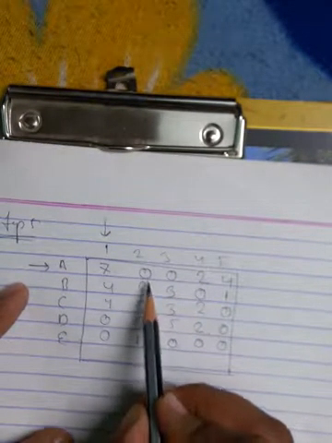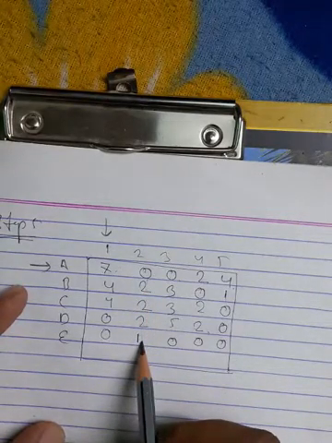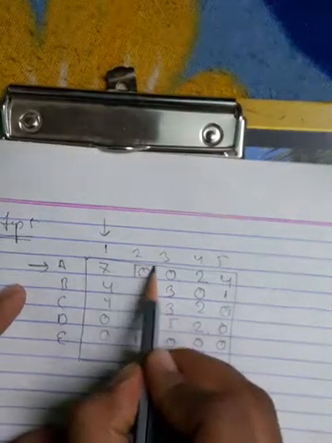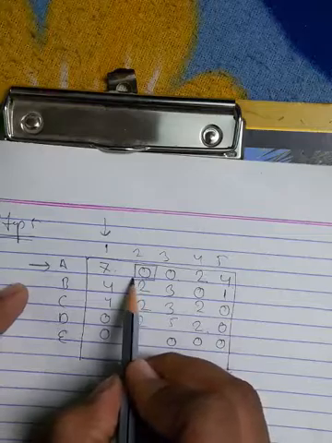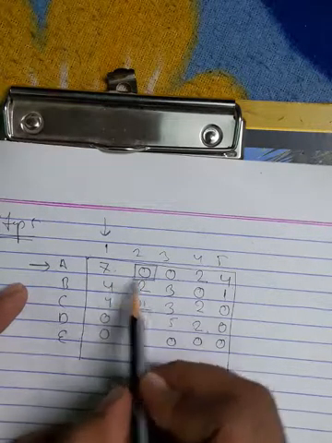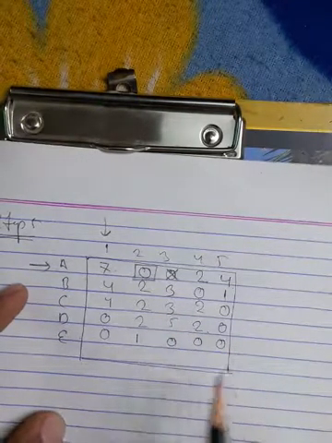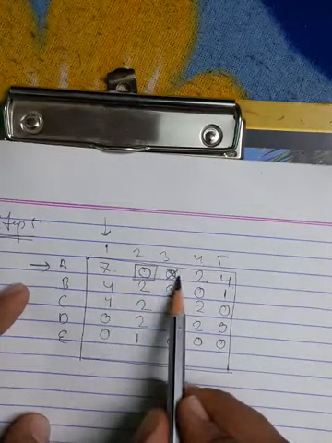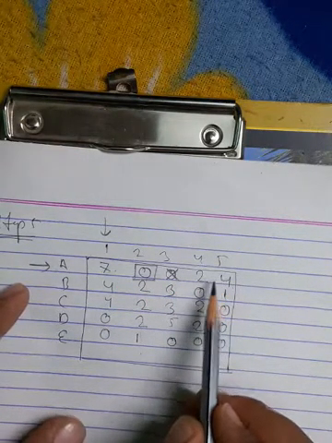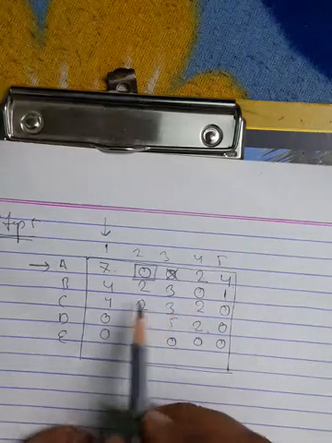But if you will see that it is unique in its column, so I have to cover it. Okay, and I have to cancel the other remaining 0 in its row. Okay, now none of the 0 is remaining in the row.